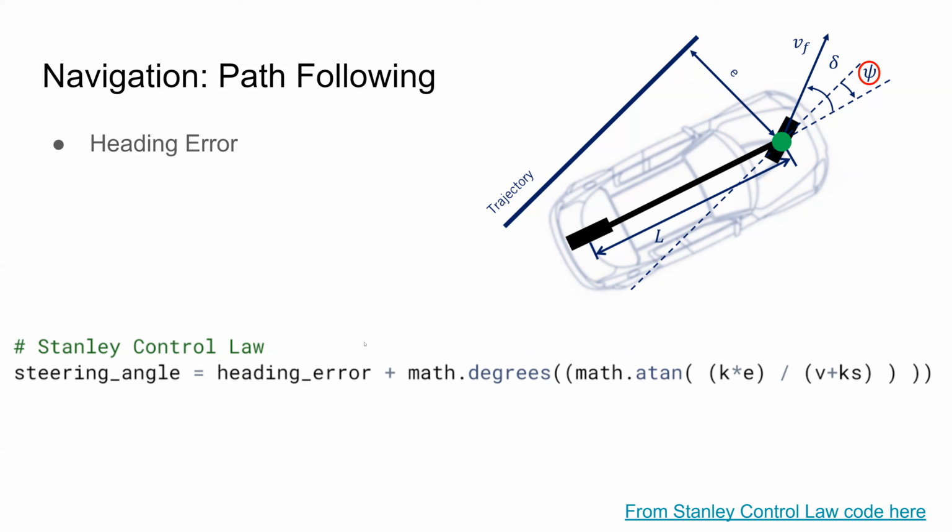Another important thing was to make sure you watch out for what type of units you're using, because a lot of times in Python and probably in C++, when you compute the tan function or sine function, it gives you the value in radians.